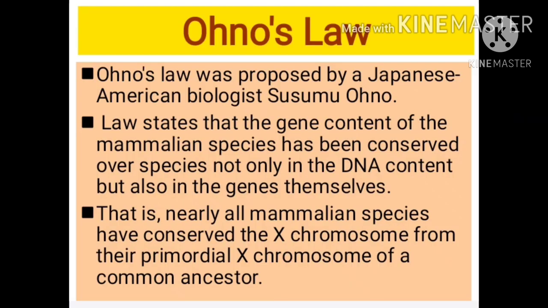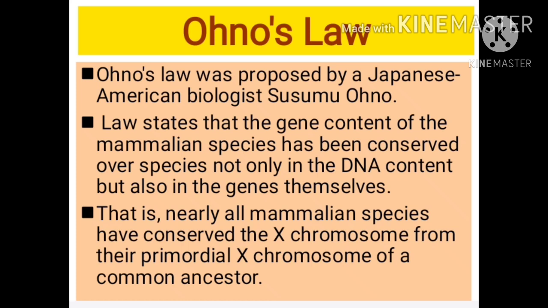Let us understand Ohno's law in brief. Ohno's law was proposed by a Japanese American biologist, Susumu Ohno. This law states that the gene content of the mammalian species has been conserved over species, not only in the DNA content but also in the genes themselves.